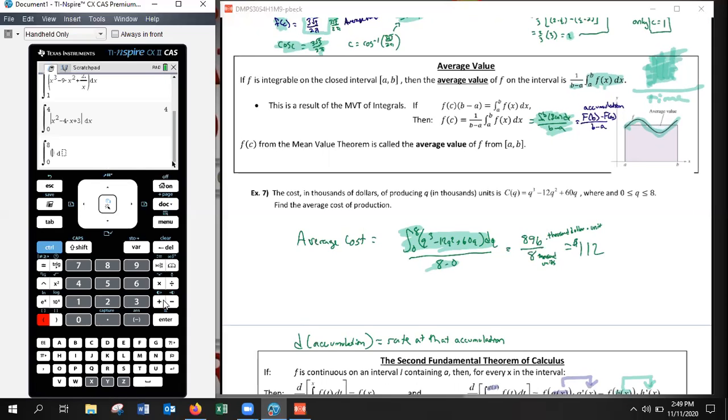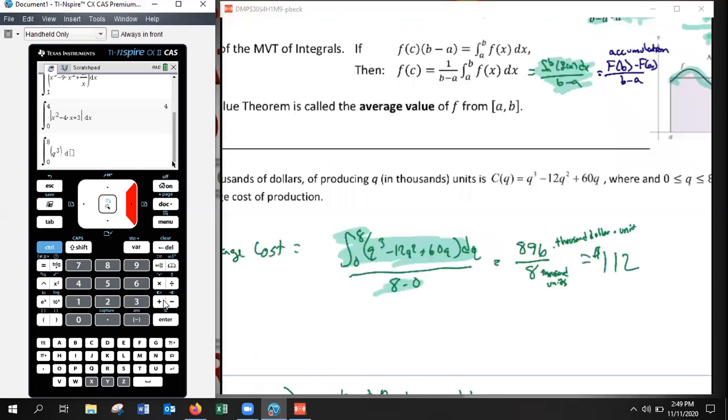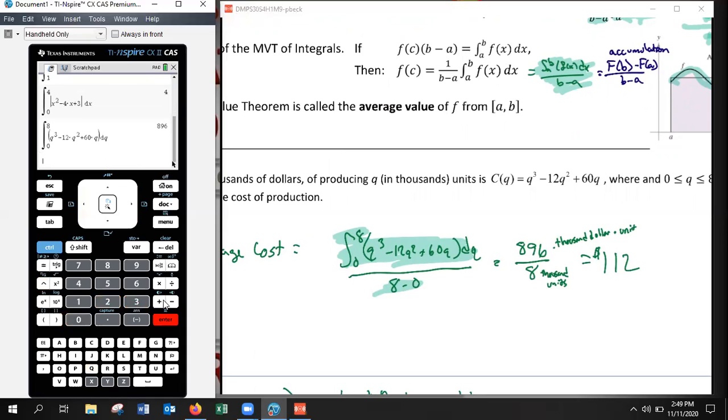Let's go ahead and say q to the third, minus 12q squared plus 60q. And then now our differential is dq. So hit enter, 896, and then we divide that by 8, and that's how we get 112.